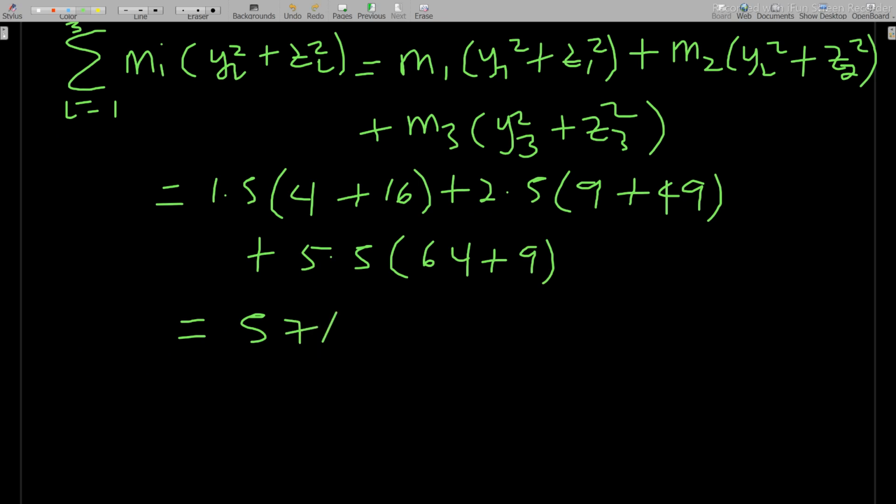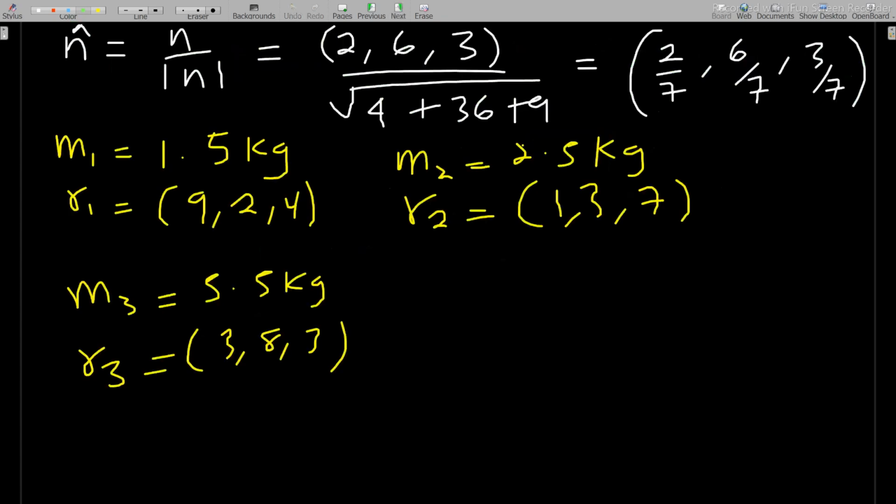I hope you can see this. Then you go to the next one. These are the position vectors I'm referring to.